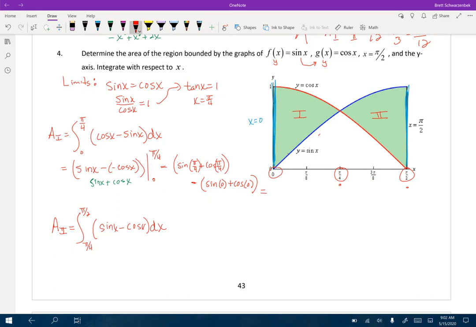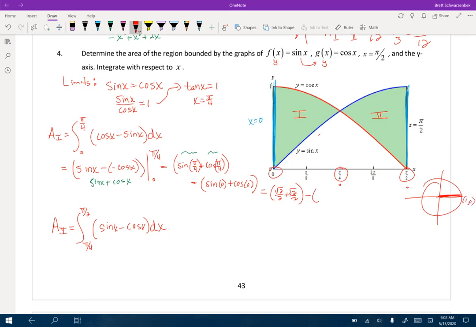All right, doing the math out, the sine of pi over 4 and the cosine of pi over 4 are the same. They're both root 2 over 2. So we're going to get root 2 over 2 plus root 2 over 2. Then we're going to get minus the sine of, if you look at a graph, unit circle, where are we at 0 degrees? We're here. And what's the coordinate? It's 1, 0.